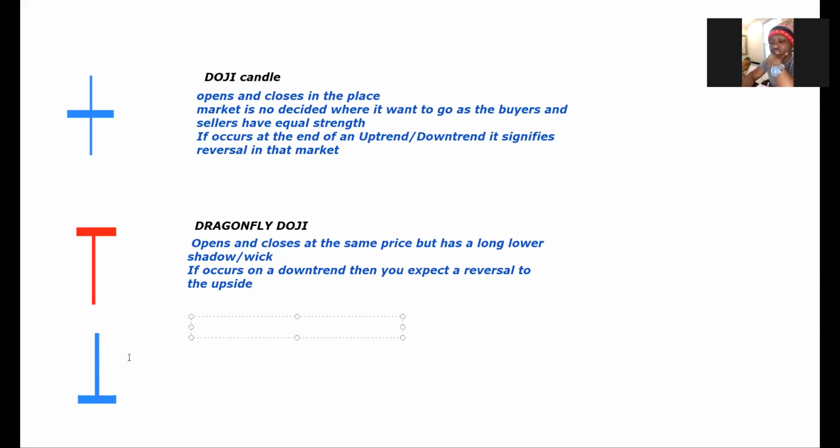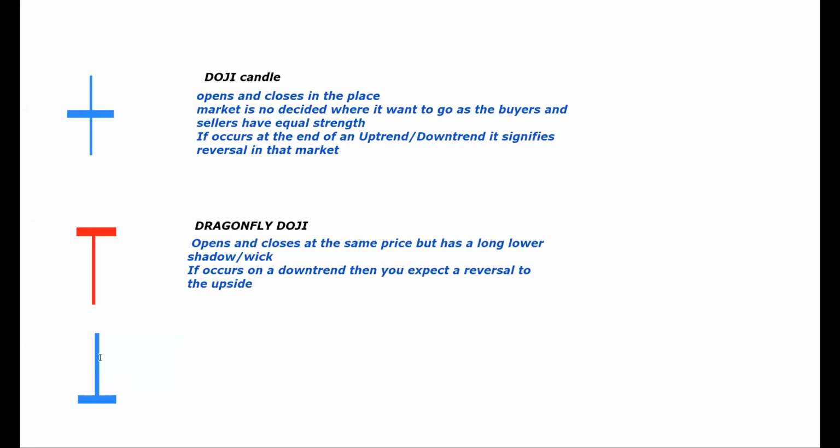Now, who can tell me what candlestick this is? It has a long shadow, a long tail, a long wick to the upside. It opens and closes at the same place. So which one is this? I'm only seeing one response.